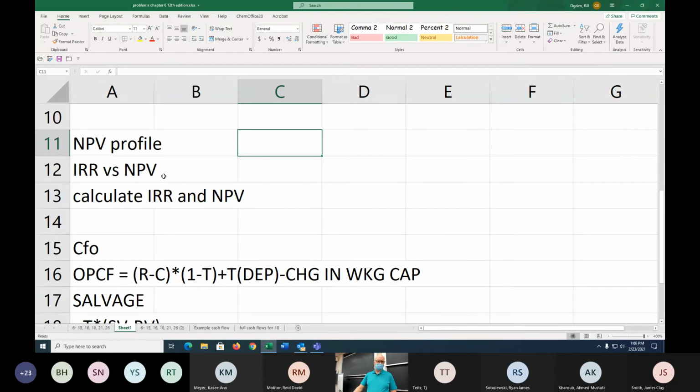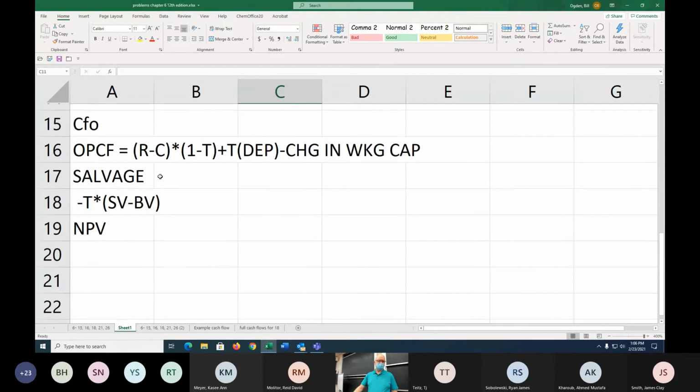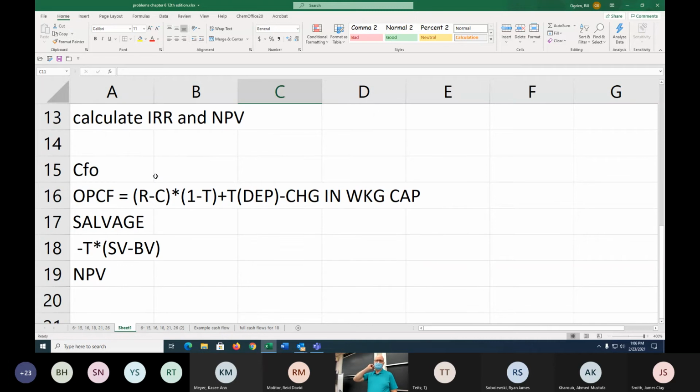So, all right, our last is chapter 6, just what we did today. So you should be able to estimate cash flow 0. You should be able to estimate your operating cash flows. You should be able to incorporate the salvage into your estimates and the tax cash flow. And obviously calculate an NPV.